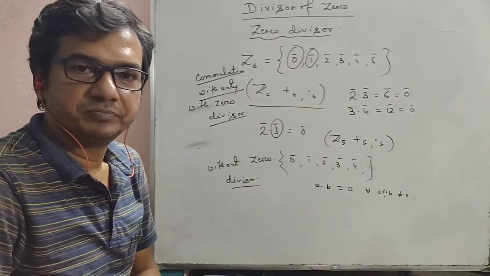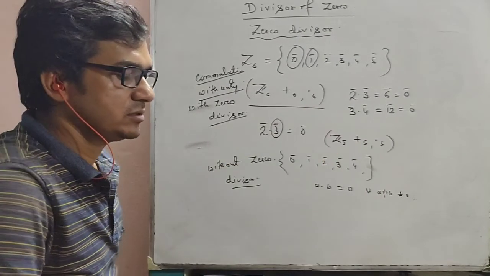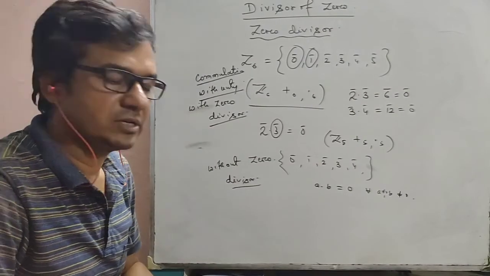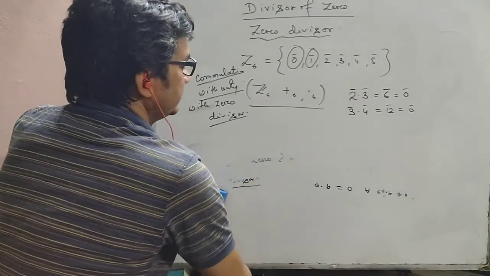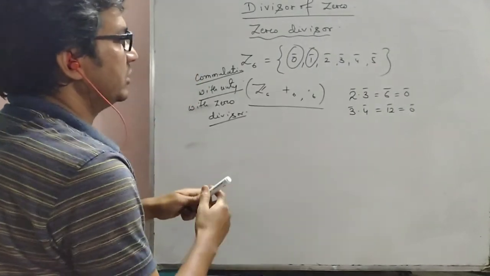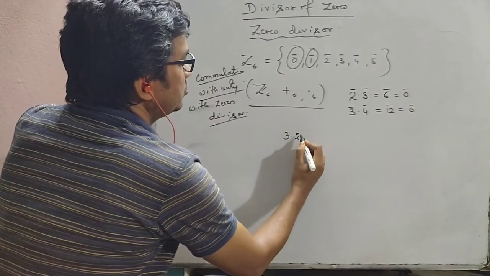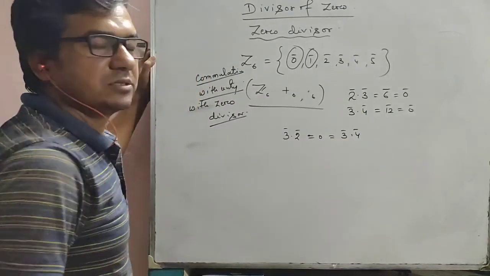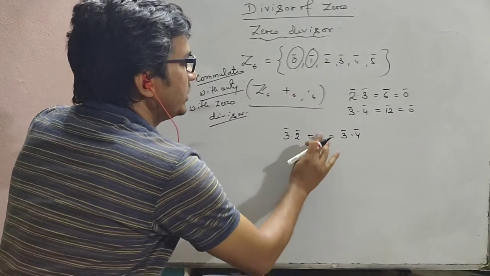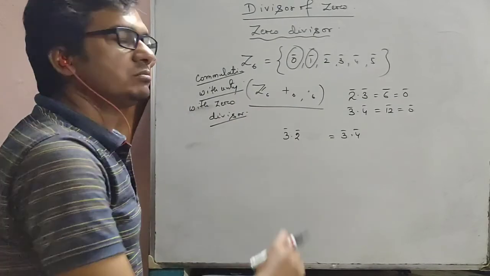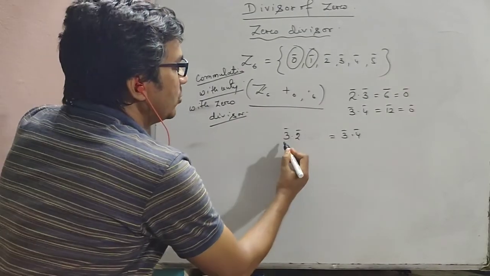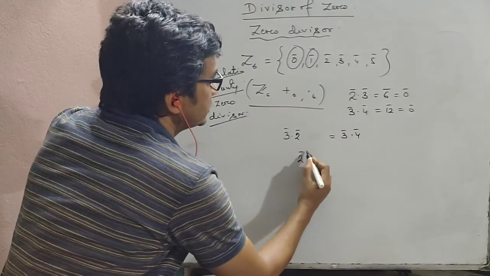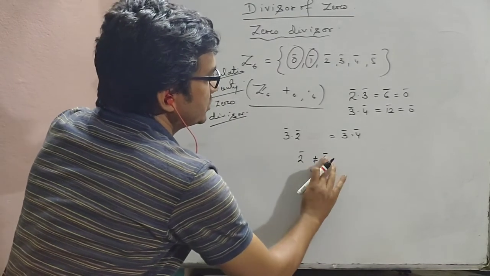And here an important thing, in the ring with zero divisor, 3 class into 2 class equal to 0 class equal to 3 class into 4 class. Okay, so we can write 3 class into 2 class equal to 3 class into 4 class, but we cannot cancel 3 class from both sides because 2 class not equal to 4 class.